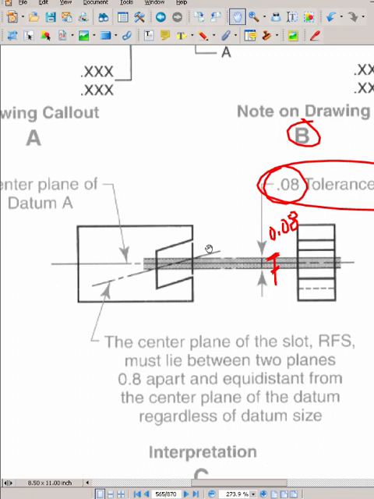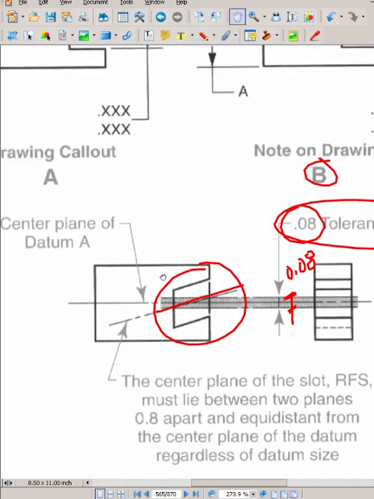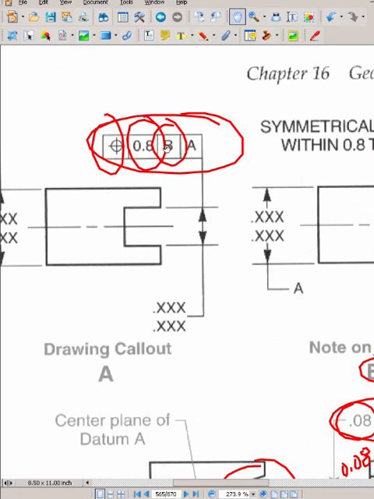Now keep in mind they always exaggerate deviation just to explain it. It's usually not going to show up that bad. If it did, it would be way outside. But they're helping you understand what you're checking. Okay? So it has to be within symmetrical proportion to two datums in this case, because you'll notice that the callout showed datums B and A, primary and tertiary.